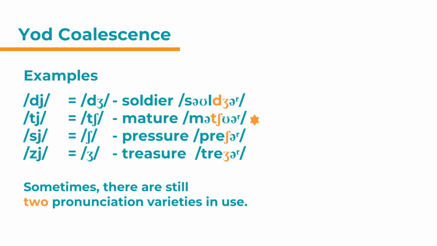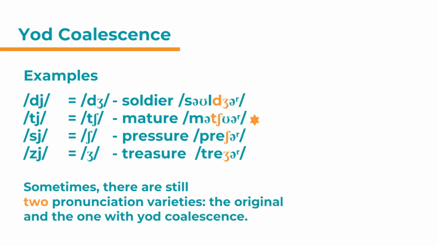Both of those pronunciations are still in use, but with the other words, soldier, pressure, treasure, we only have the pronunciation with Yod coalescence. So remember, for mature, we have two varieties, the original and the one with Yod coalescence.